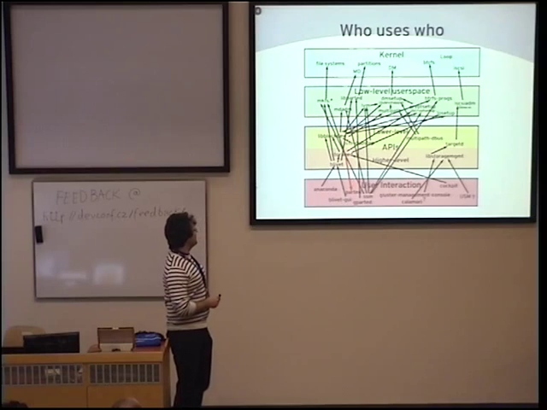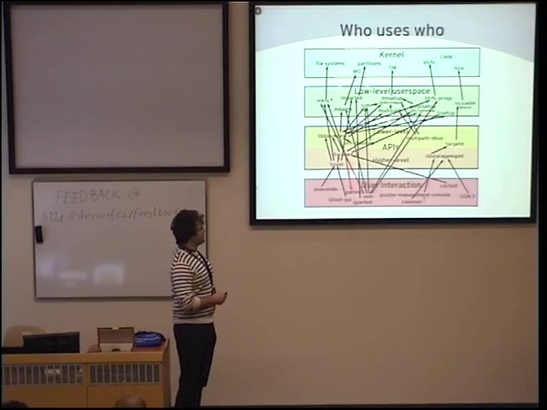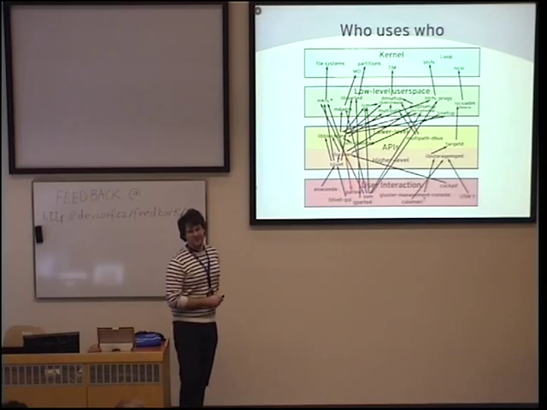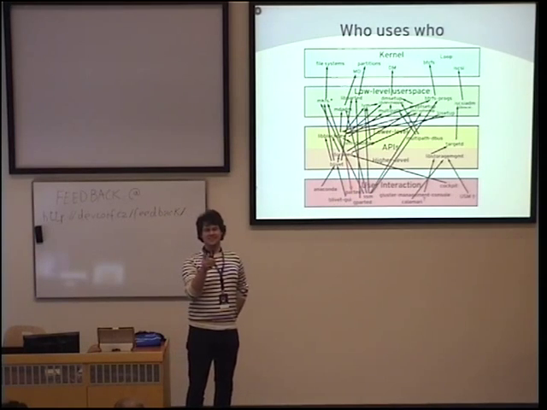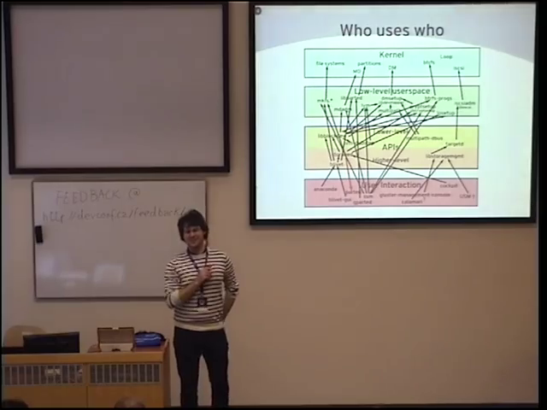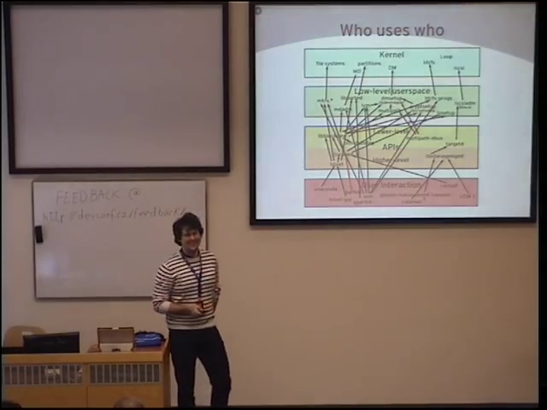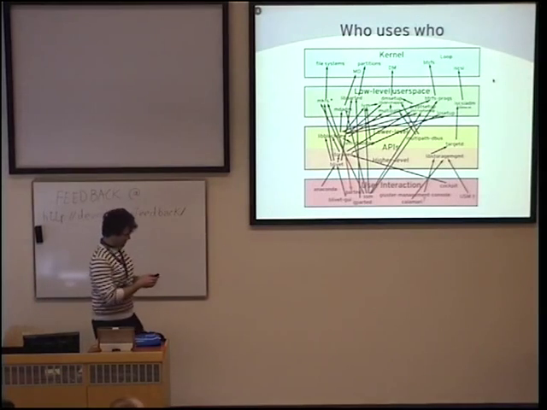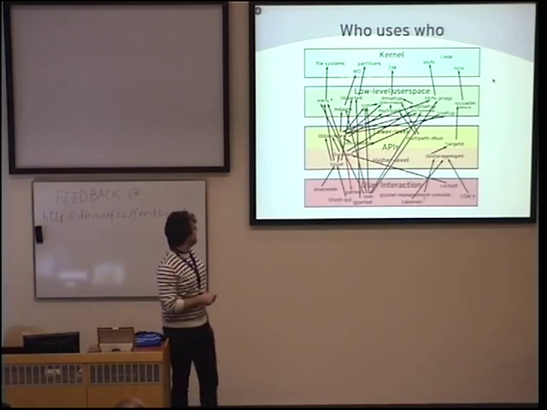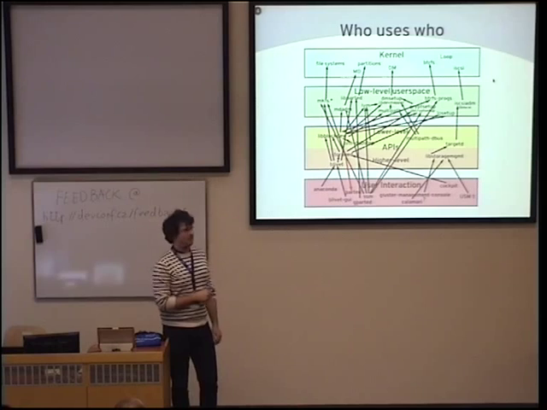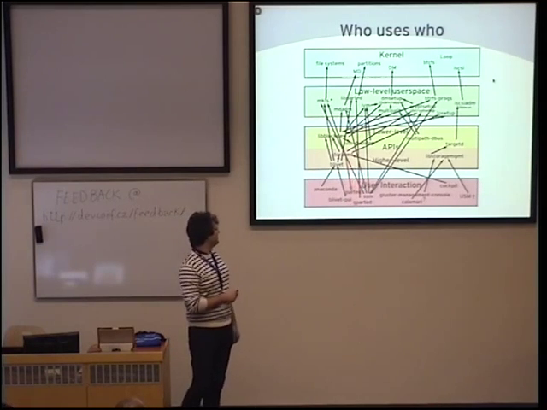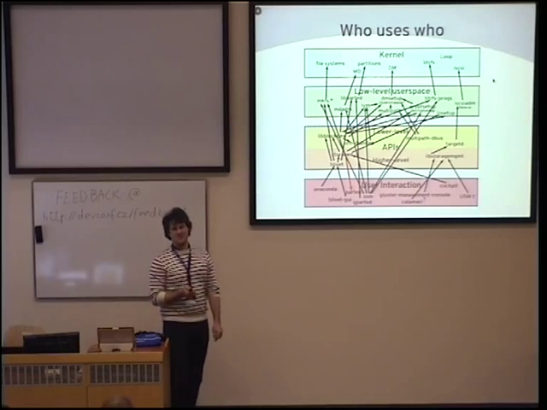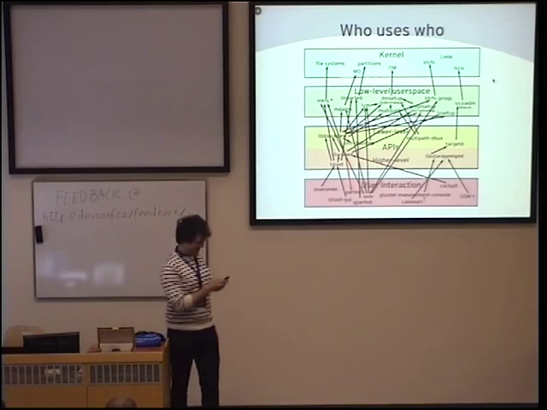The only thing I really hate is this arrow going in the other direction, which is storaged using parted. Peter is here. Yeah, he's sitting over there. So I always thought that storaged uses libparted. But I think, if I got it right yesterday when I checked, it's using the parted utility, which is kind of pointless, and I hope a bug filed will be fixed.